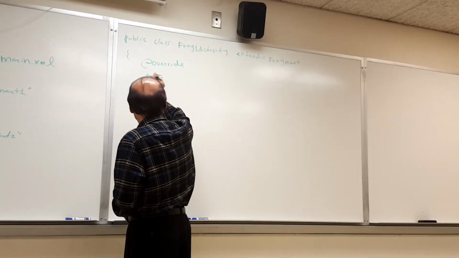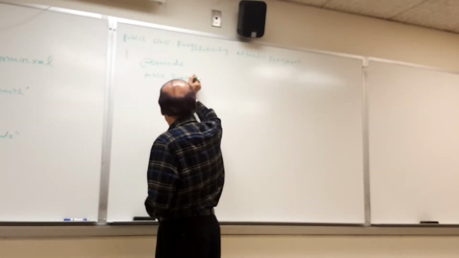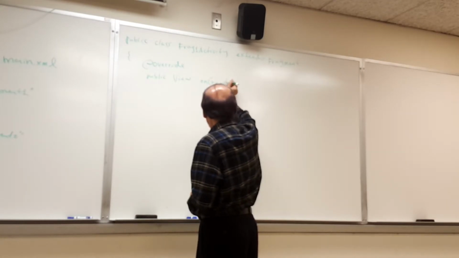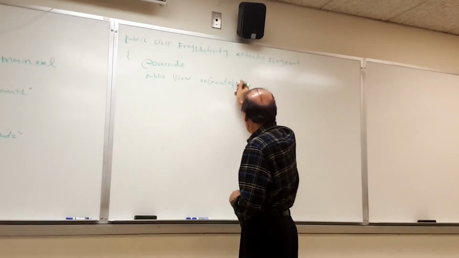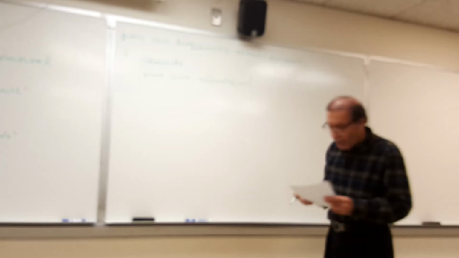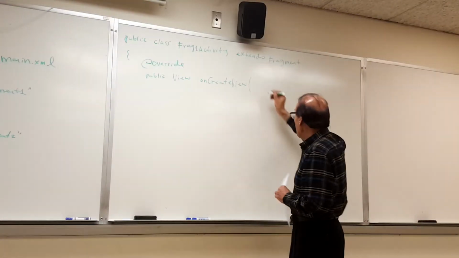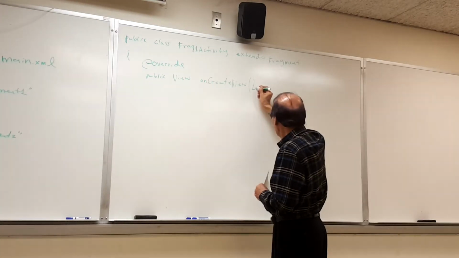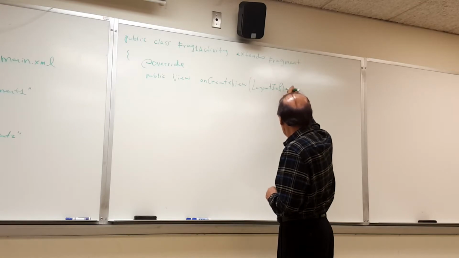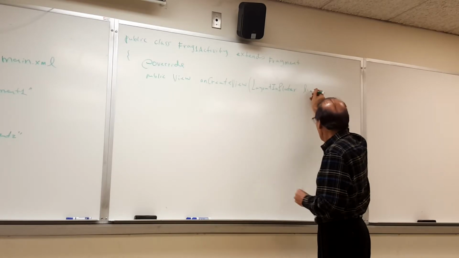Public View onCreateView. It has 3 arguments. The first one is LayoutInflater, I call it LI, comma.